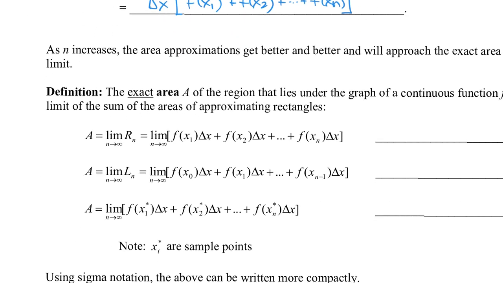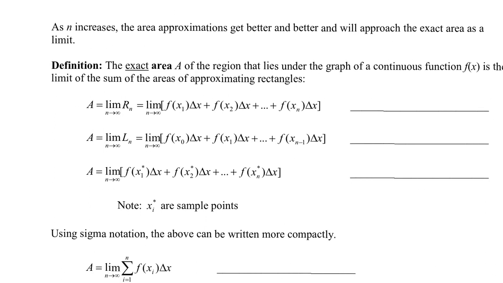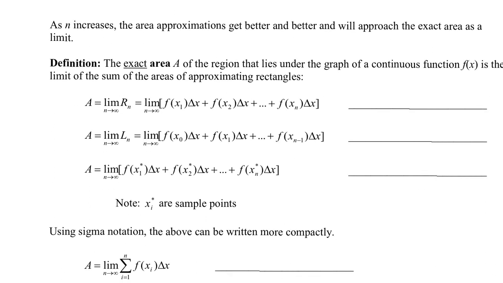And what else do we have here? Well, as n increases, the area approximations get better and better, which we've seen. The more rectangles we have, the smaller the errors are, and we approach the exact area as a limit. So here's this idea of a limit.